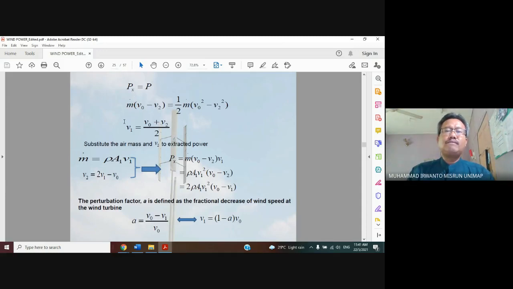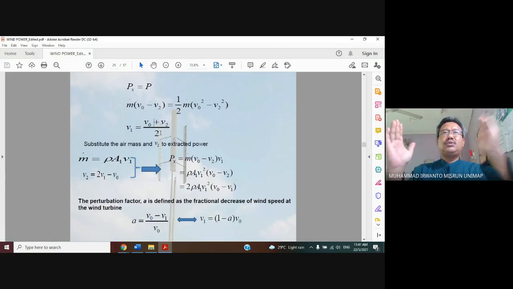Okay, and then the value of V1, the wind speed at the wind turbine, can be given by this one: V1 equals (V0 plus V2) over 2.